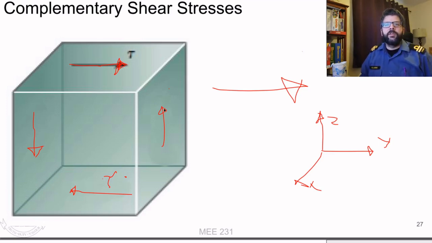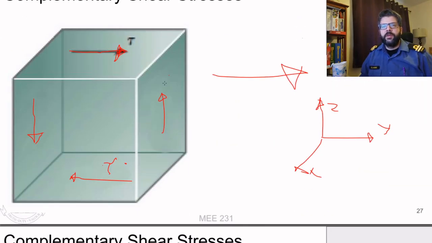So all the forces balance out, the x and the y and the z, and the moments balance out too. So now this thing is actually in equilibrium, whereas it wouldn't be if there was some other loading condition.